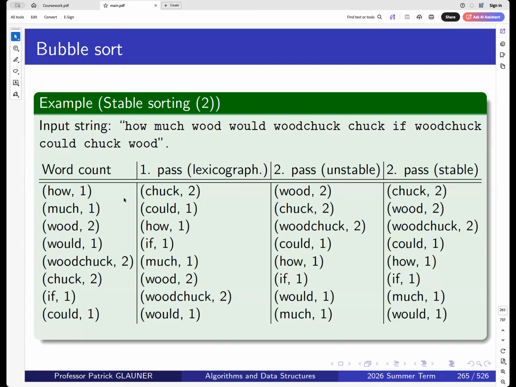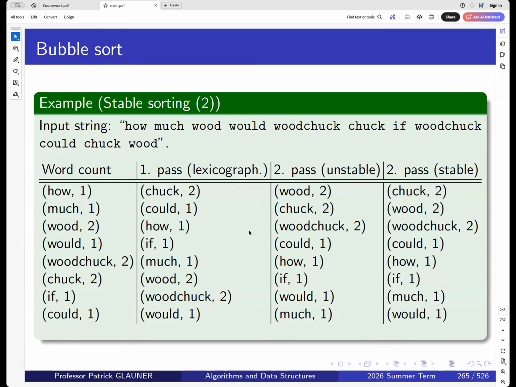But now I have sorted the tuples based on the word, and now I want to sort these tuples again based on their number. I want to take this sorting and sort based on the number.